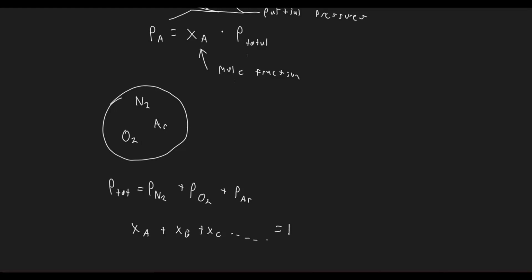And that makes sense because the mole fraction is essentially going to be a ratio of all of the individual moles in the entire chamber. So we will solve XA by taking the number of moles of A and dividing it by the total number of moles of everything in the chamber.